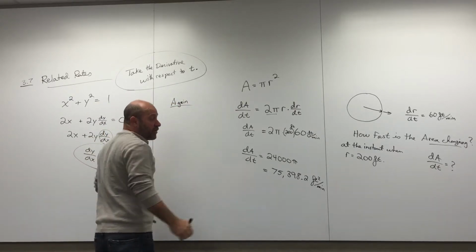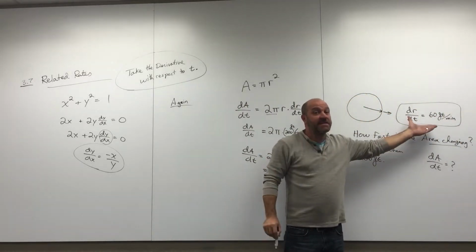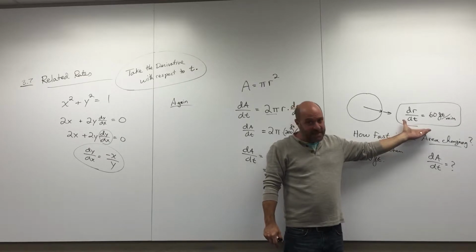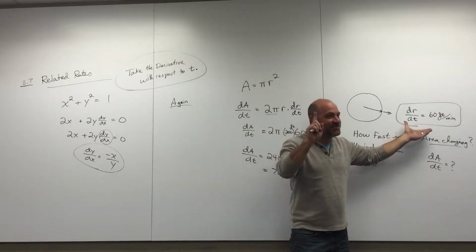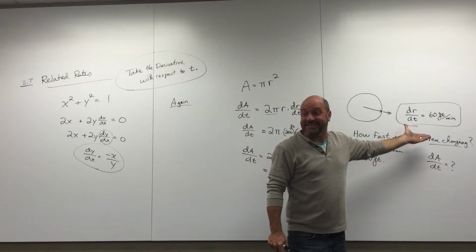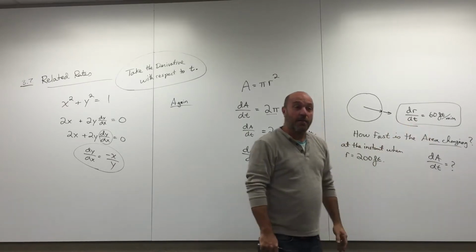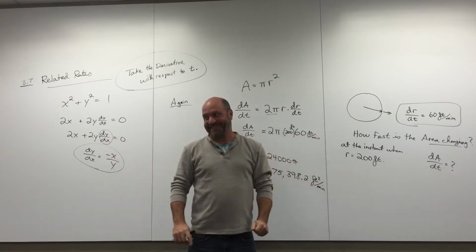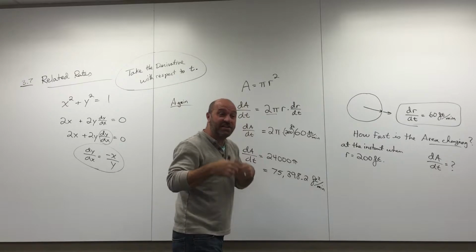It's continuing to grow at this rate. The radius is changing at a constant rate of 60, but the rate at which the area is changing keeps changing.